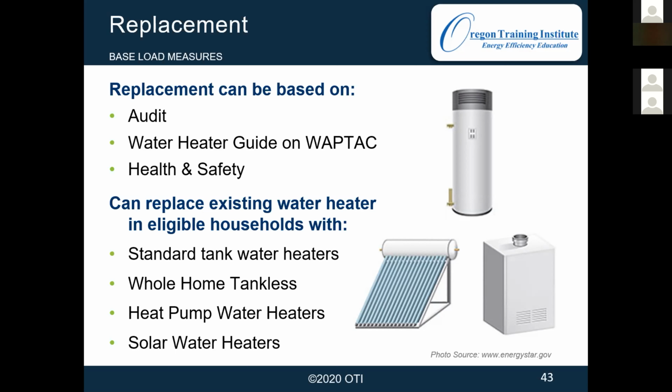Now, there is the side benefit of basically endless hot water, but that could end up biting you if you end up using more hot water now that you have endless supply.